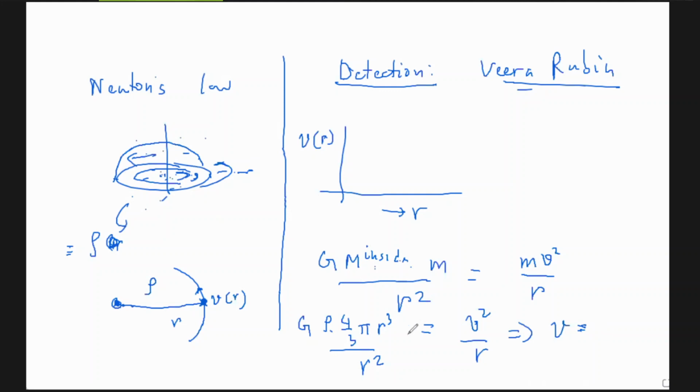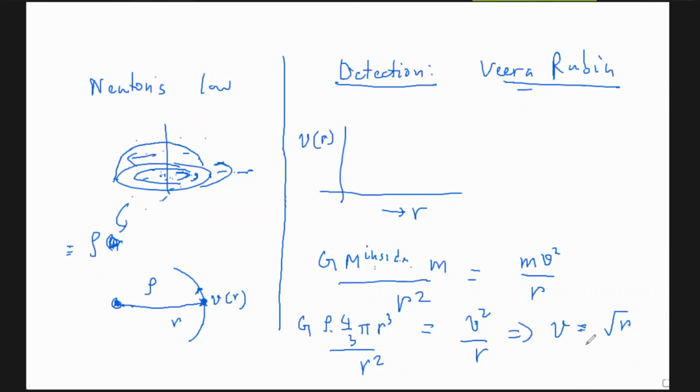Just use this. I have done everything for you. V will go as, I just want as a function of R, the functional form. R to the power? So square root of R. Right?